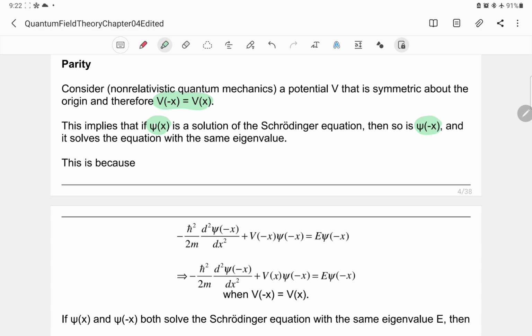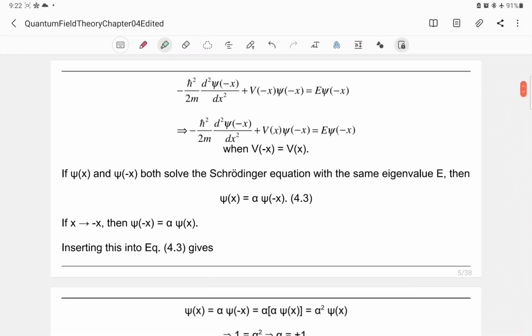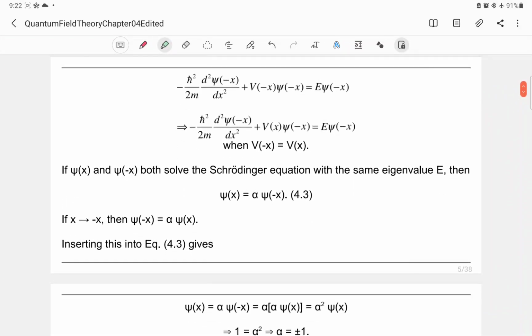So it solves the equation with the same eigenvalue, because when you look at the Schrödinger equation here, it's just the Schrödinger equation.